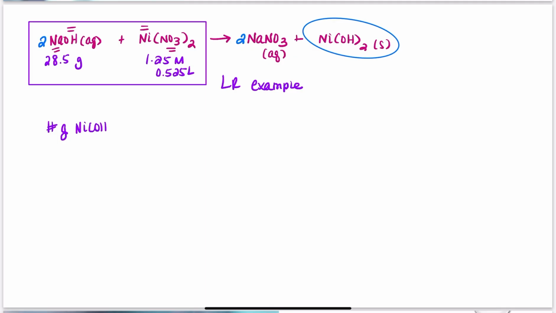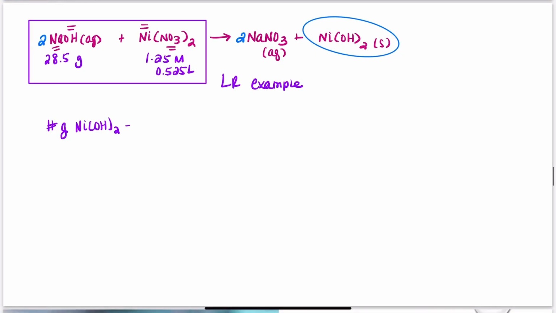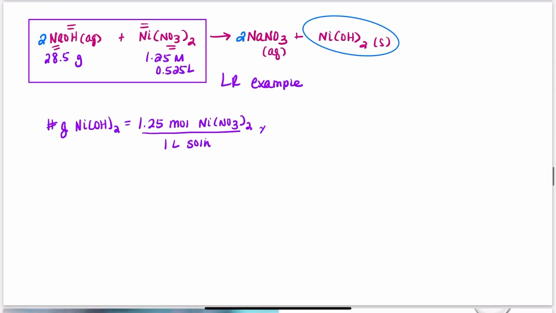How many grams of nickel hydroxide can I produce if I use up all of my nickel 2 nitrate? I have 1.25 moles of nickel 2 nitrate in every 1 liter of solution. And I have 0.525 liters of that nickel 2 nitrate solution.